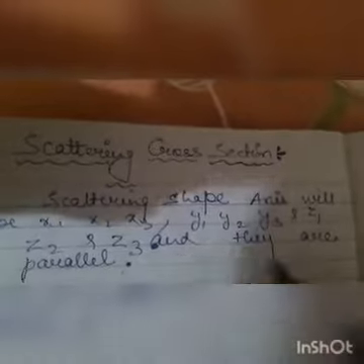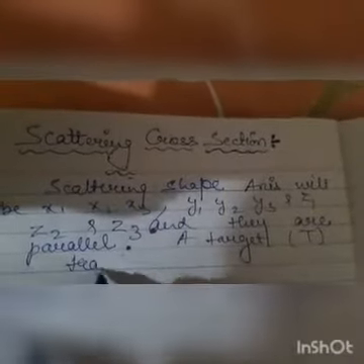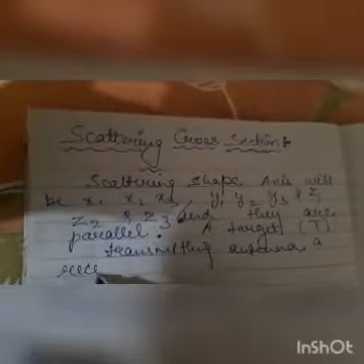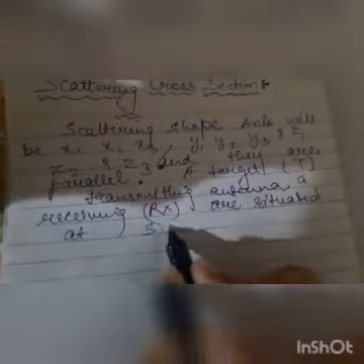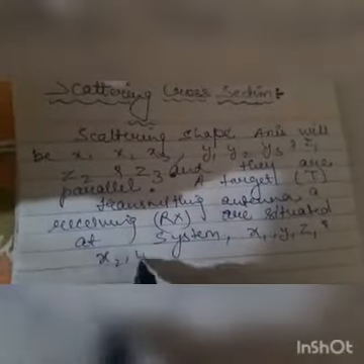Okay, so a target T, a transmitting antenna, and a radar receiver are situated at a system x1, y1, z1 and x2, y2, z2, x3, y3, z3 respectively.